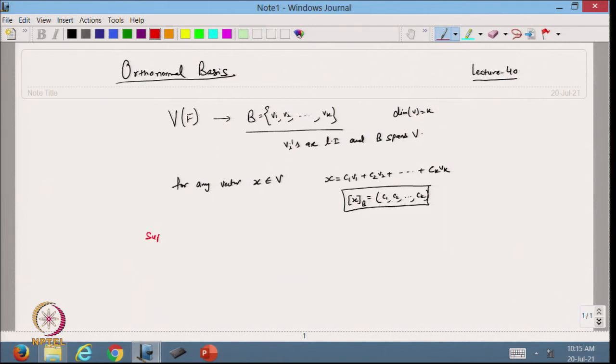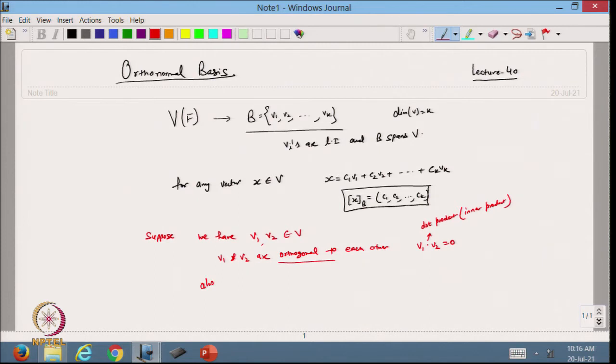Suppose we have two vectors V1 and V2 that belong to the vector space V. I will say that V1 and V2 are orthogonal to each other if the dot product V1 dot V2, which I can also call the inner product, is 0.